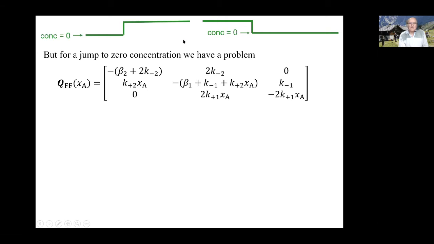But if you want to jump to 0 concentration, a complication arises. For example, the shut section of the Q matrix, QFF, written as a function of agonist concentration here. Then XA is the agonist concentration, which occurs here and here and here. So we can write QFF as a function of the agonist concentration.